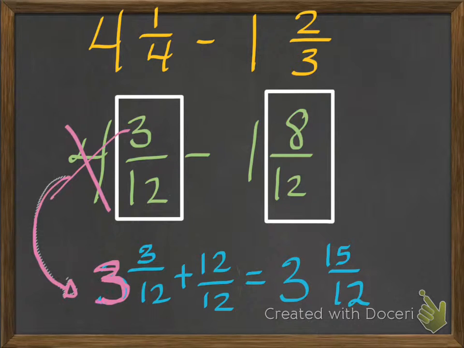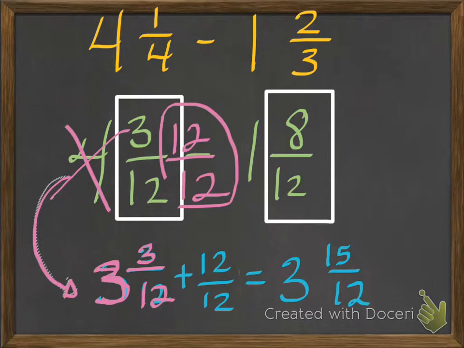Okay, so I'm borrowing that. 3/12 stays the same, but the one that I borrowed becomes 12/12. And the reason that is 12/12 is because 12/12 is 1 whole. Remember, I borrowed 1 whole from the 4. Okay, so I borrowed 1 whole, and I'm changing it into fractions because I have 12ths here.